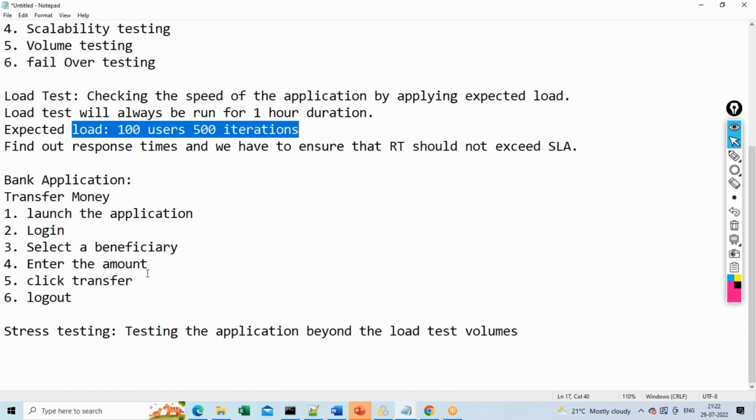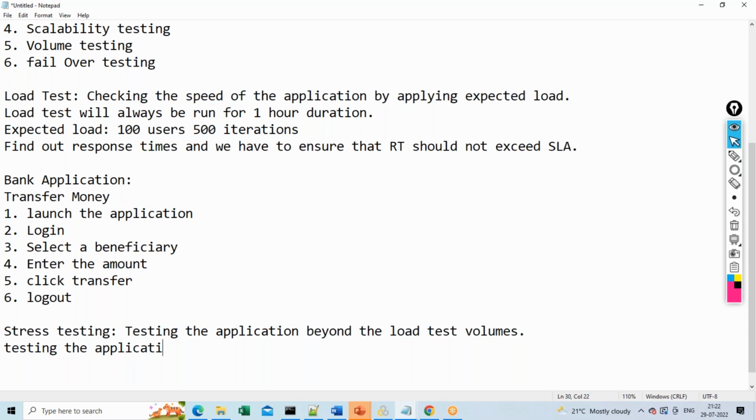So testing the application with more number of users than the load test. You can alternatively write it like this also: testing the application with more number of users than load test. This is also one way of understanding stress testing.